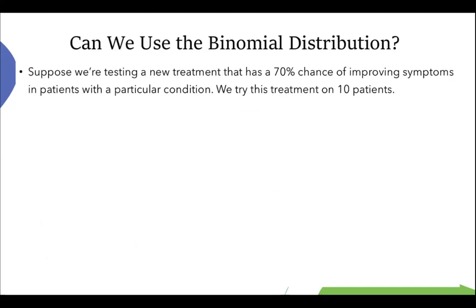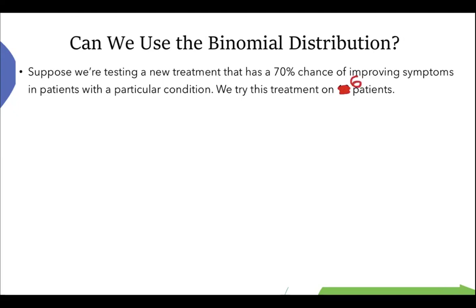So here's an example, and we're going to go through BINS to see if we could use the binomial distribution. And if we can, we're going to answer this question and some others. Suppose we're testing, I need to correct something here. Not 10 patients, 6 patients.